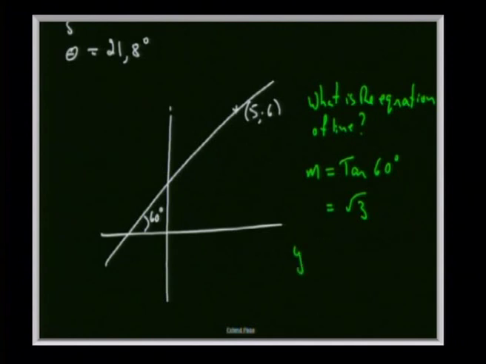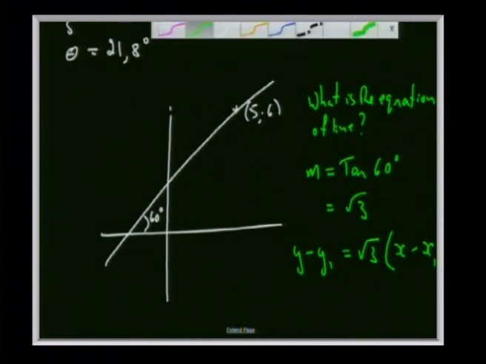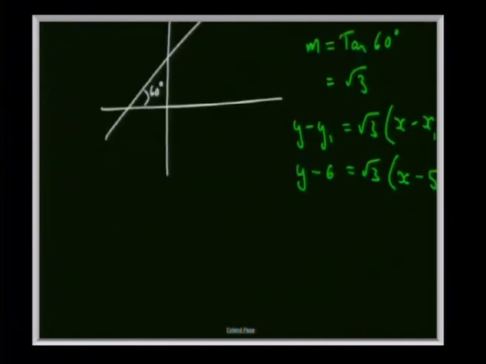Right, so y minus y1 is equal to m, now m is root 3, into x minus x1. Substituting our point, we have y minus 6 is equal to root 3 into x minus 5. That is, as I said before, a recognized standard form for the equation.